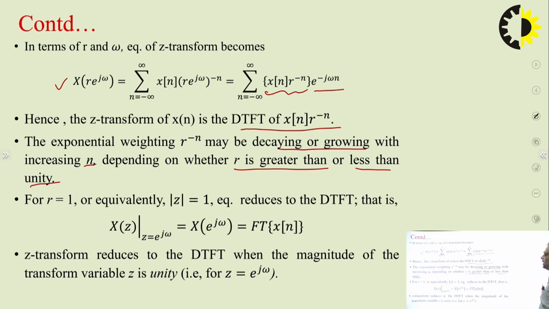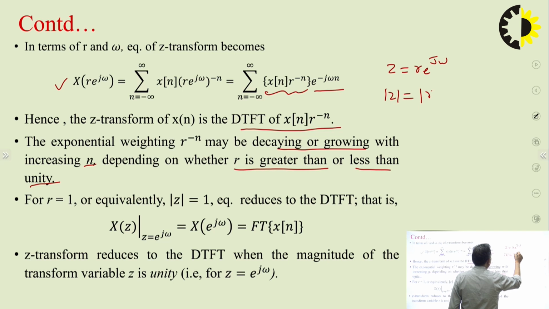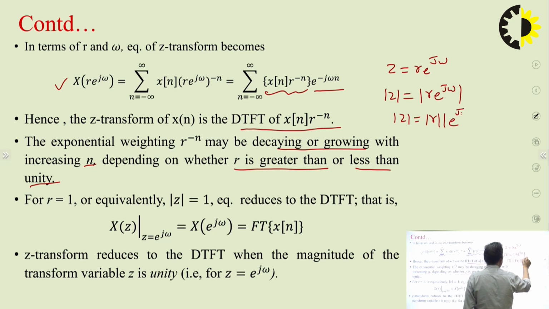And for r equals 1, you can take mod z equals mod of r e to the power j omega. So mod z will be equal to mod r, mod of e to the power j omega, and mod of e to the power j omega is under root cos square omega plus sin square omega, that will become 1.